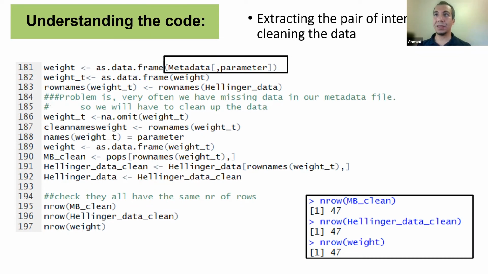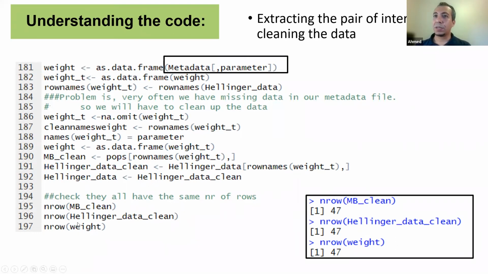You want to clean this and make sure that the comparison you are going to make between the metadata and the module members is actually correct, so you have matching samples across the two tables. For example, this line here, 186, I'm not going to go through all of this, is removing all of the missing measurements for these parameters, okay?